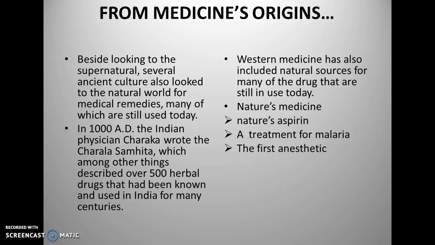Western medicine had many sources also on natural sources that still are being used today. Again, we have something called nature's aspirin, and this was discovered by two physicians, and they wrote about it, Hippocrates and Dioscorides, and they found that a white willow tree bark had the capability of removing pain.